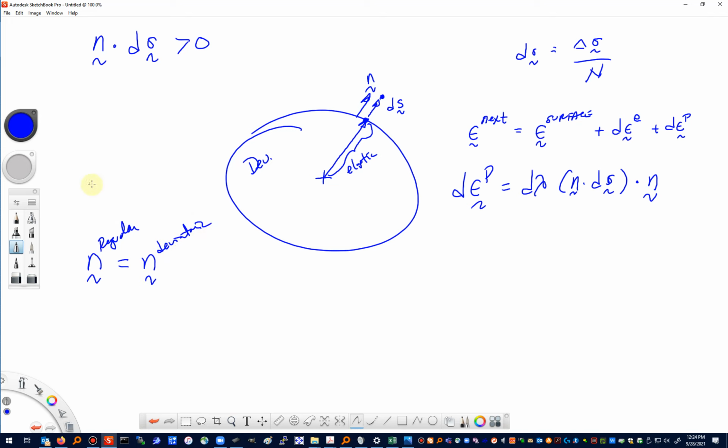We've also gone through the process of showing that n dot d sigma, let me back that up, we're also going to be able to express n dot d sigma as a summation, but that can also be expressed in the deviatoric stress space due to the summation here.